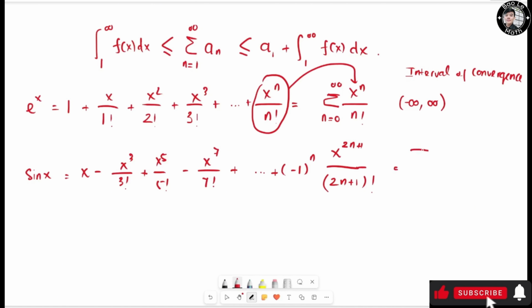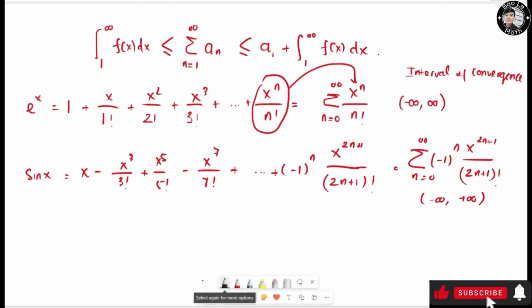It's actually the series of negative 1 raised to the n s raised to the 2n plus 1 over 2n plus 1 factorial when n goes from 0 to infinity. And the interval of convergence of this series is negative infinity to positive infinity.